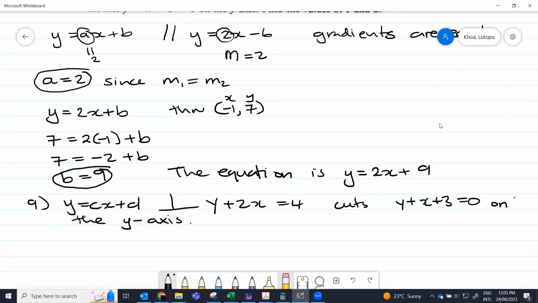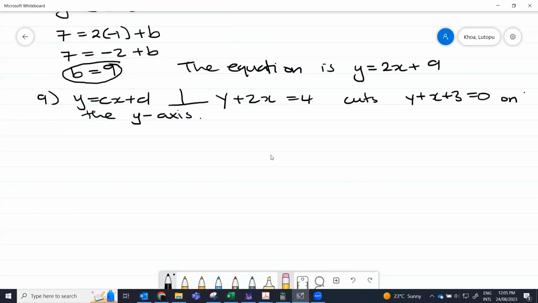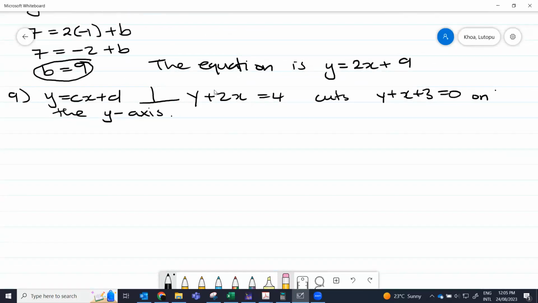Now we have to find the value of C and D. So we start with this fact that it is perpendicular to this line. So we'd work out the gradient of this line here, and then the negative reciprocal of that gradient, that is the value of C.